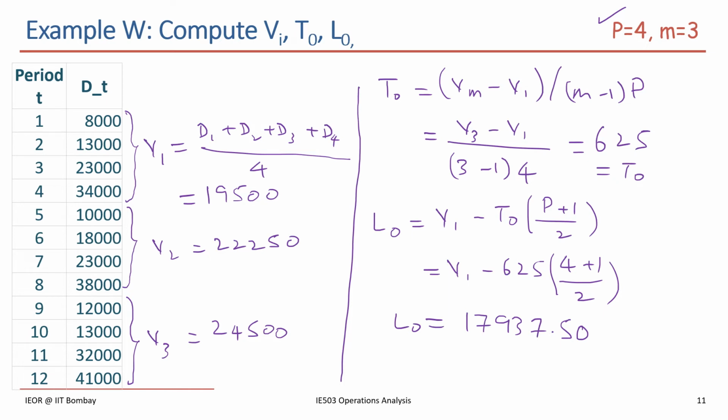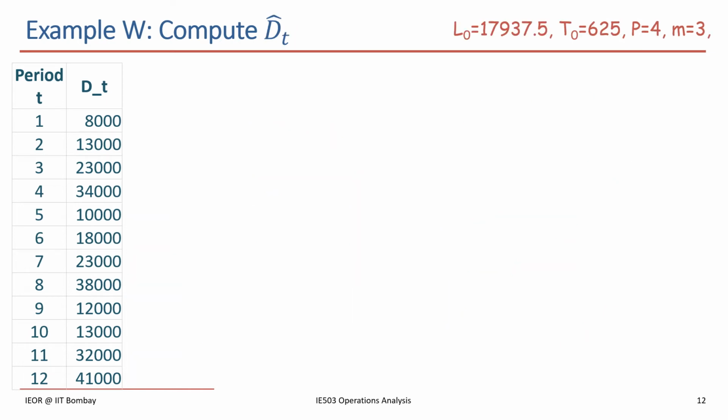Now moving to the next step, let us compute our D hats. At the right top here you can see the values of L naught and T naught that we have computed. D hat of t, we already wrote the expression, is nothing but L naught plus t into T naught. This goes for all t.